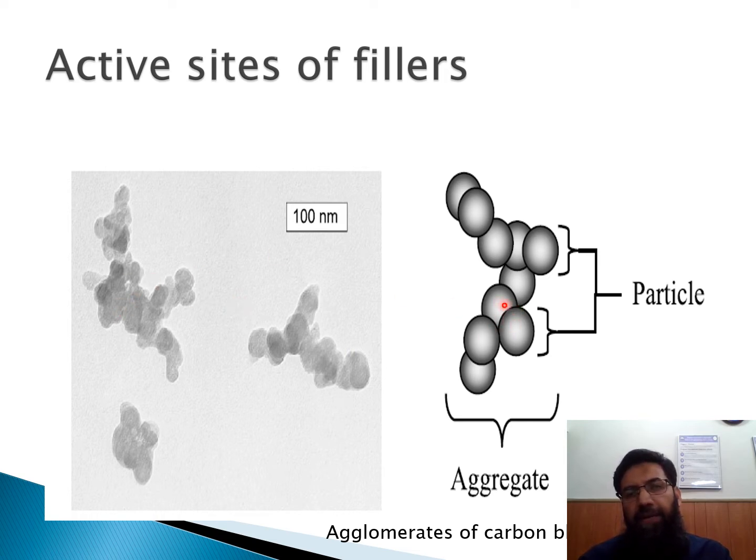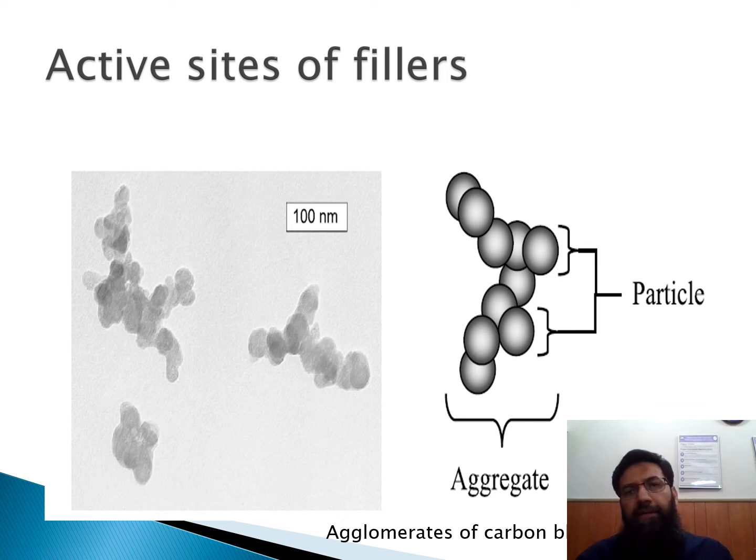The interaction of one particle with another is due to the presence of different active sites. In carbon black, we can have the hydroxyl group, the carbonyl group, the hydroquinone group, and the presence of different polyaromatic sites on the surface of the carbon, and that is due to the byproducts which are formed during the manufacturing of the carbon black.